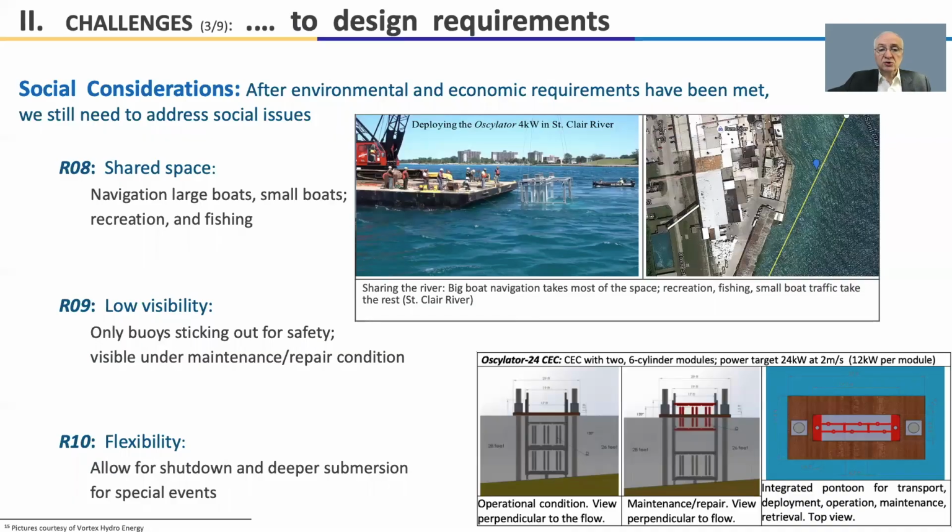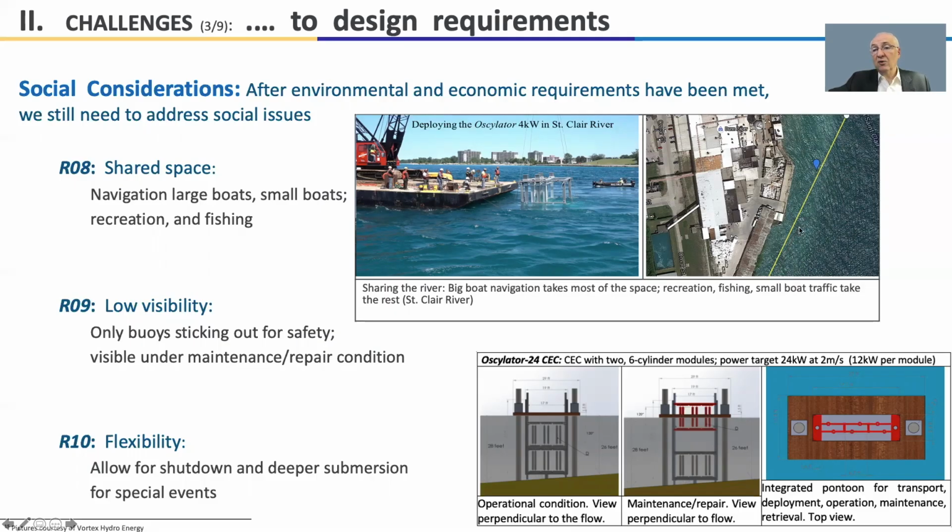Social considerations that we have briefly discussed. If you look at this picture here, that's where we deployed our technology. On the other side, you see Canada, here's St. Clair River, and on this side is the United States. And if you look at the aerial picture, this is the point where we operated, and you can see how close we are to shore.